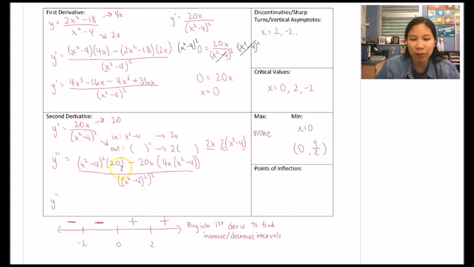Because I see my first term here, I have an x squared minus 4, and I also have an x squared minus 4 in the second term, oh, and 20 in both these terms.